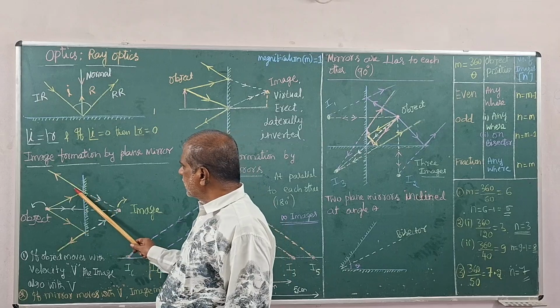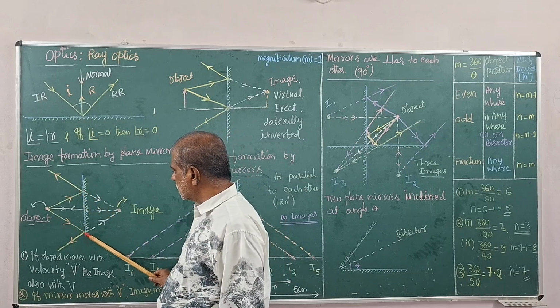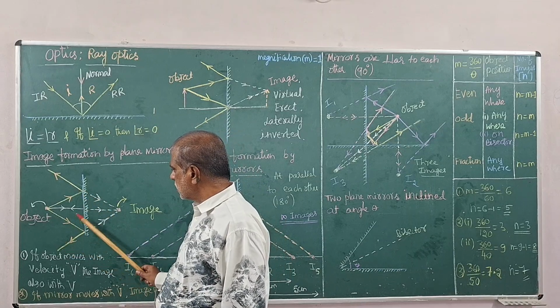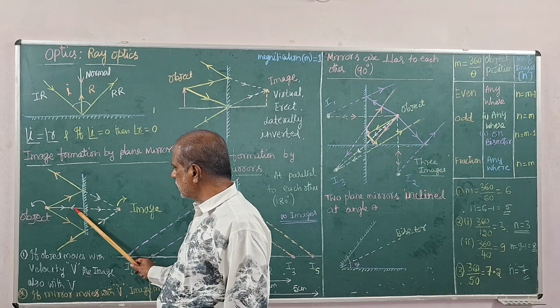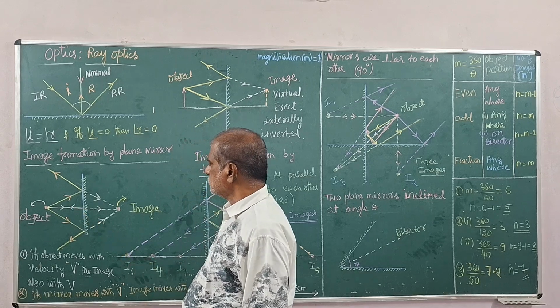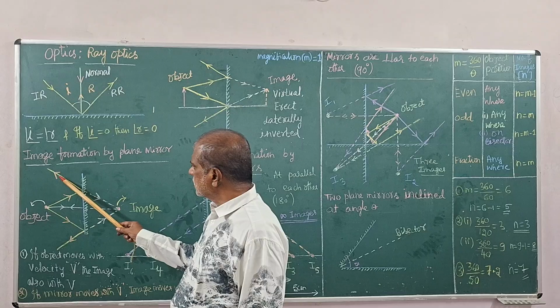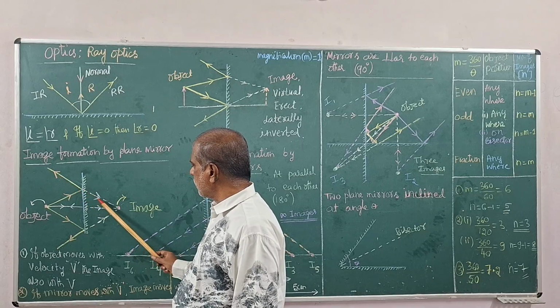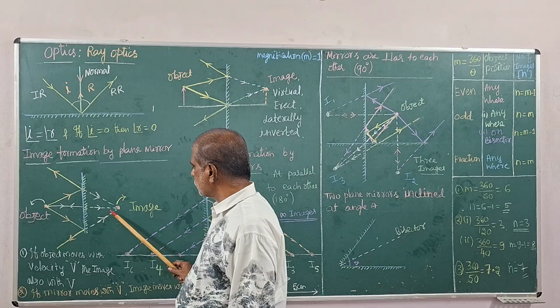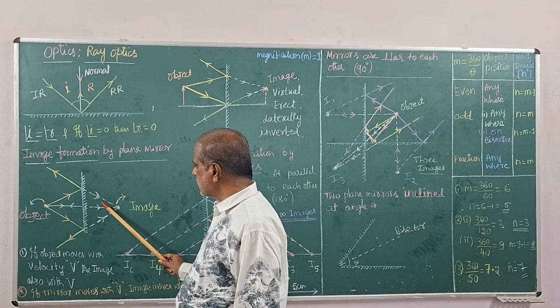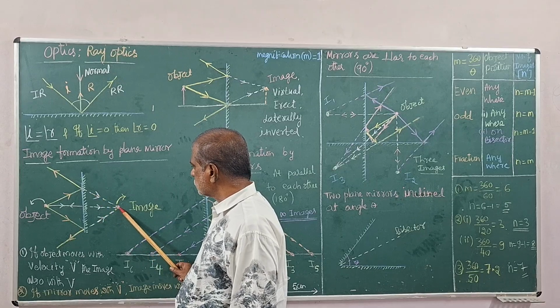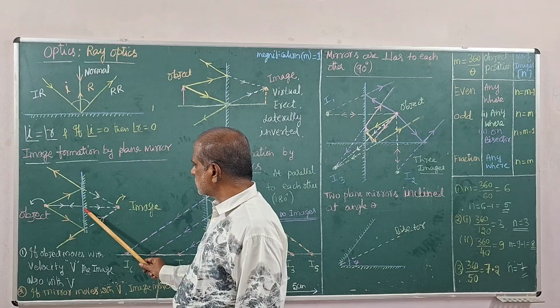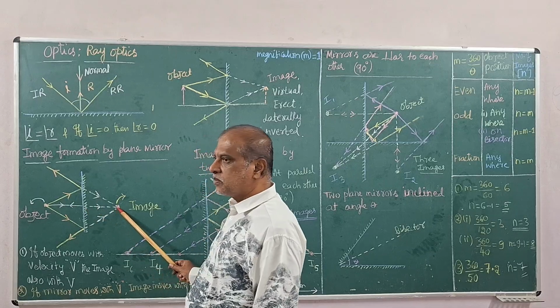These are reflected rays. And this is a reflected ray along the normal. When these reflected rays are extended in the backward direction, all these lines meet at one point, intersecting at one point.